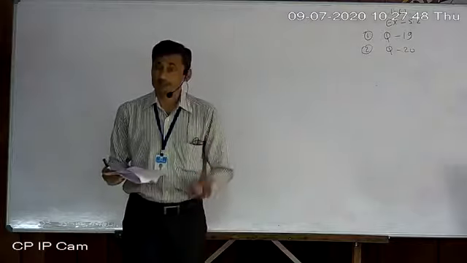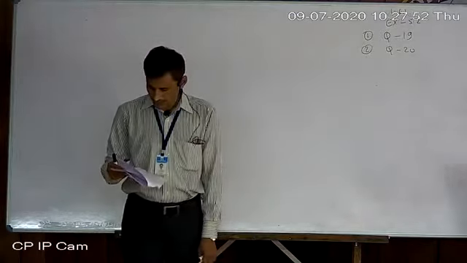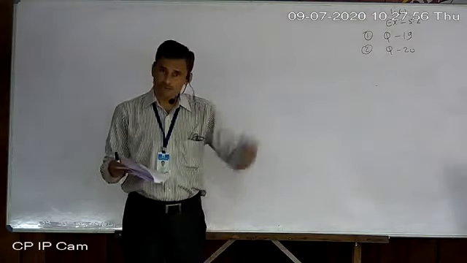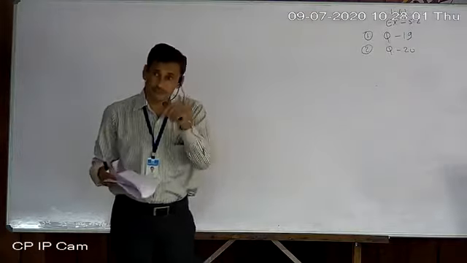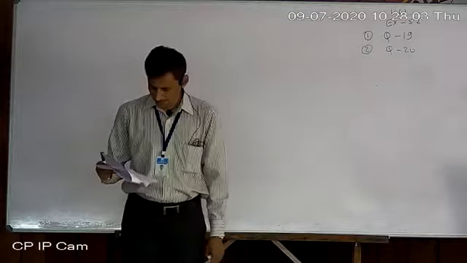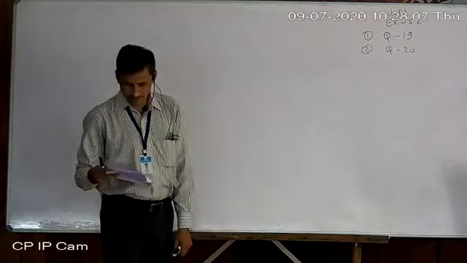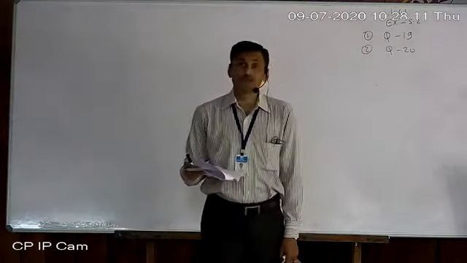Two APs are there, but not given. The difference between the 100th terms is 100. First AP's 100th term and second AP's 100th term, both ones' difference is 100. Now, what is the difference between the 1000th terms?